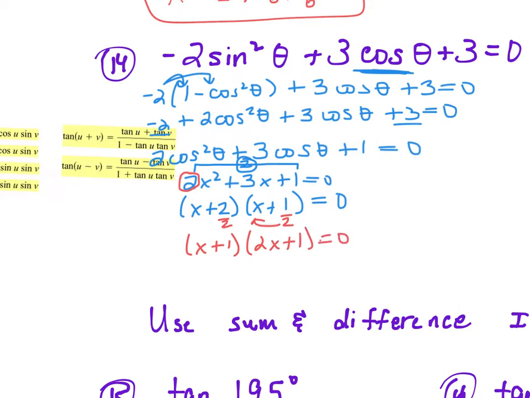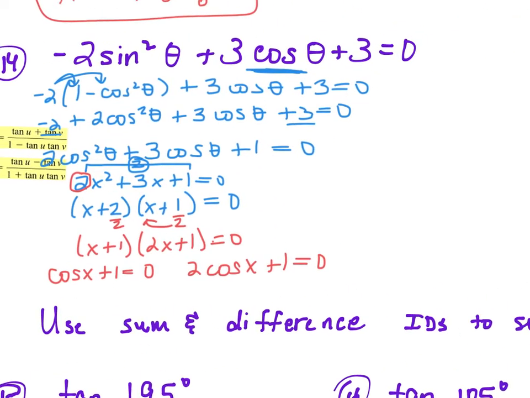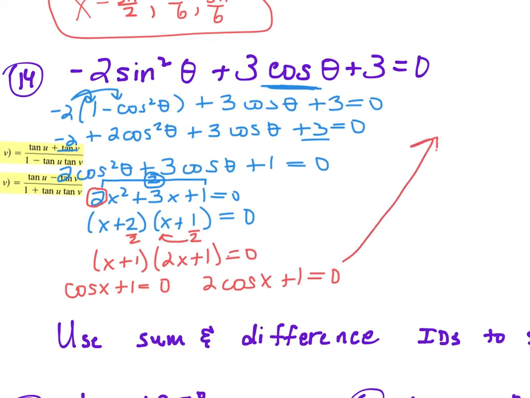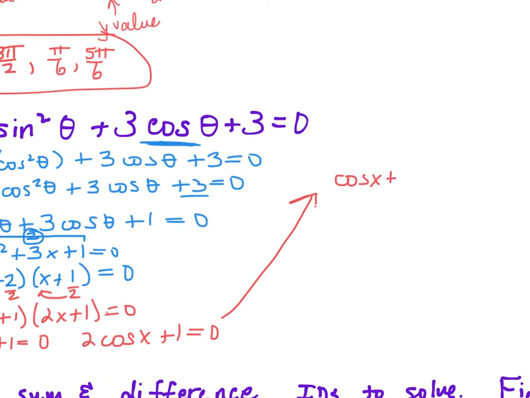Now I'm going to replace my x's with my trig function, so we changed everything to cosines. So this is going to be cosine x plus 1 equals 0, and 2 cosine x plus 1 equals 0. And we're going to come right up here and solve.